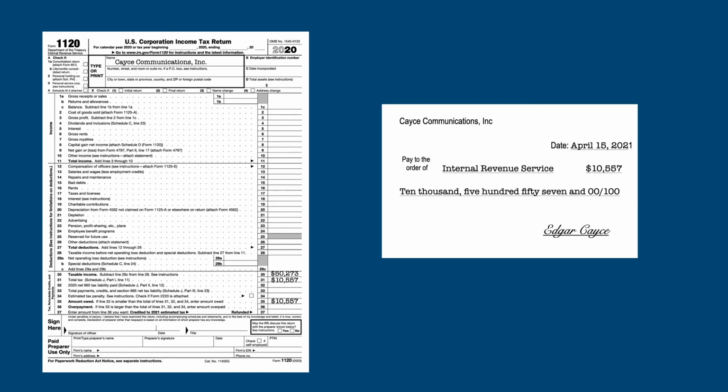Finally, we come to the traditional corporation, or as it is commonly called today, a C corporation. Like partnerships and S corporations, C corporations file their own tax returns using Form 1120. However, unlike these other entities, C corporations pay taxes directly on their net incomes.